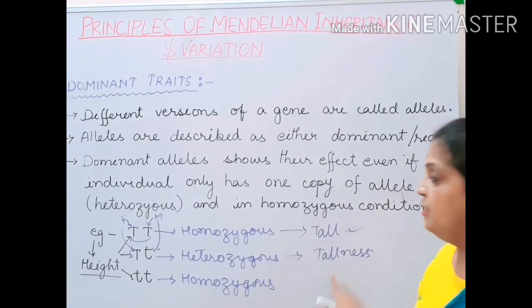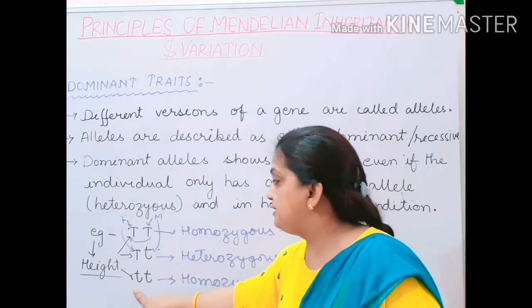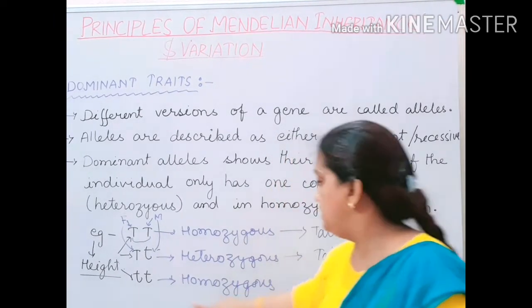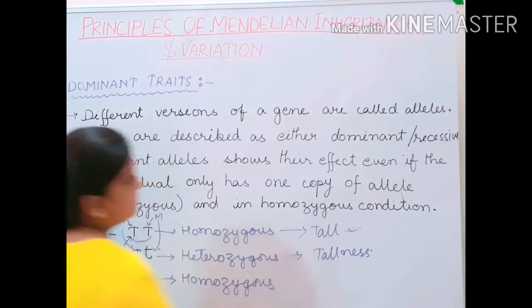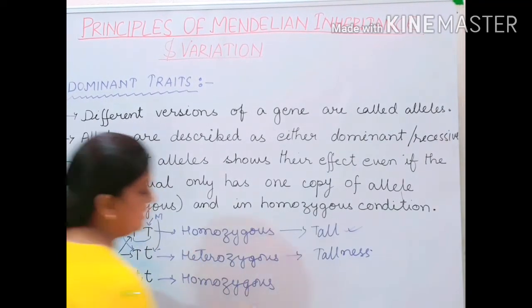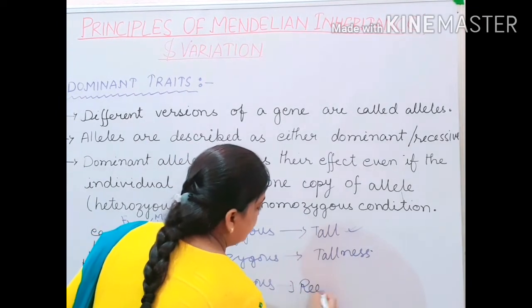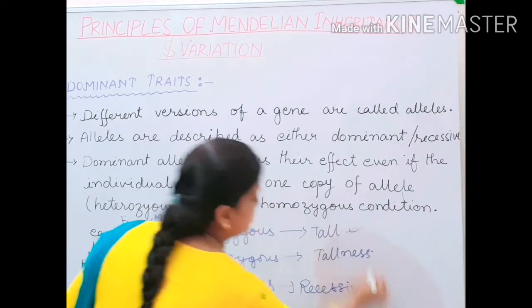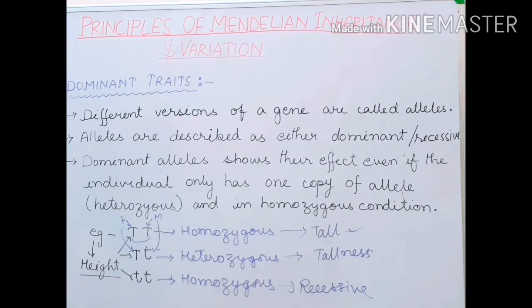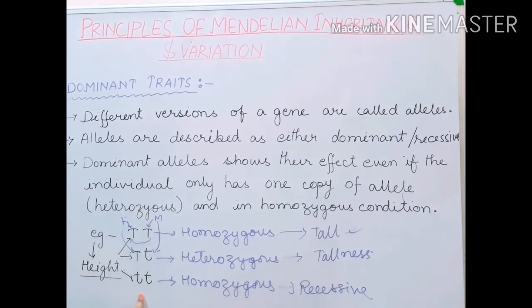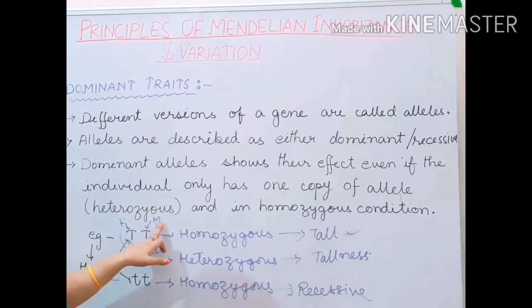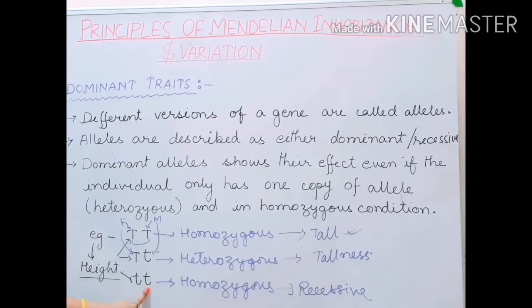But children, when I come to the condition small t and small t, this is homozygous, children. This condition will be recessive. This recessive condition will come only when from the father parent a recessive gene is coming, and from the mother parent also a recessive gene is coming.